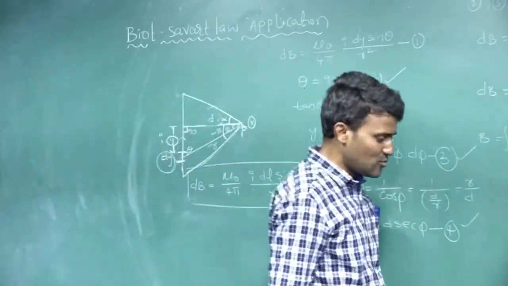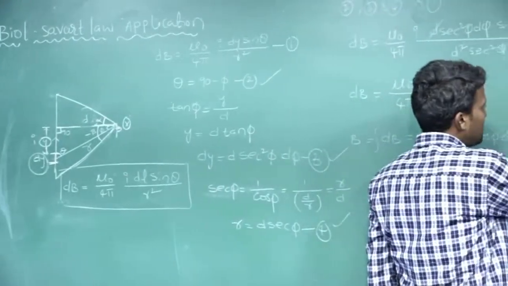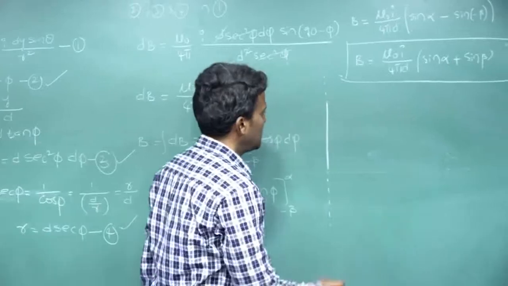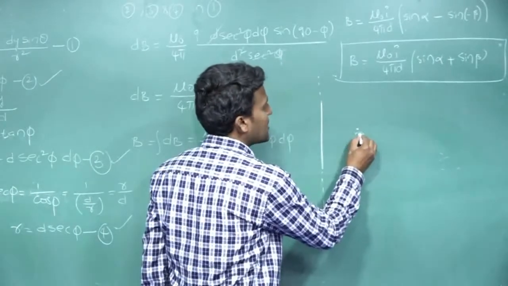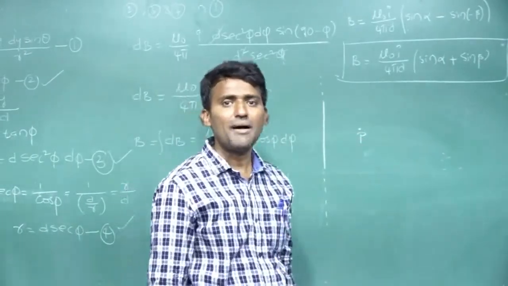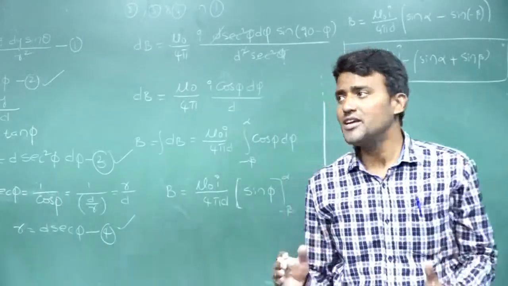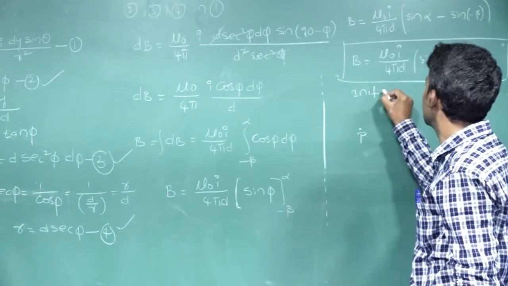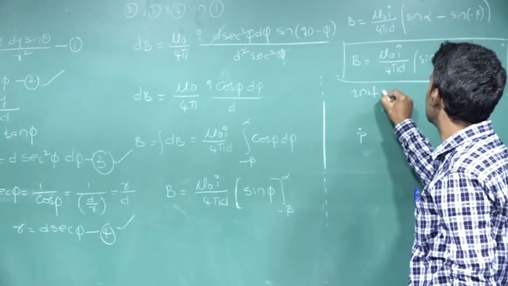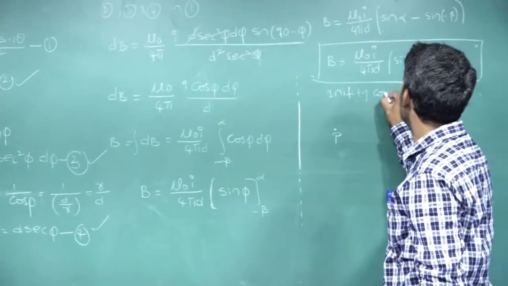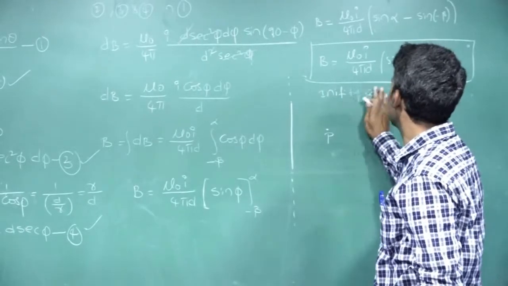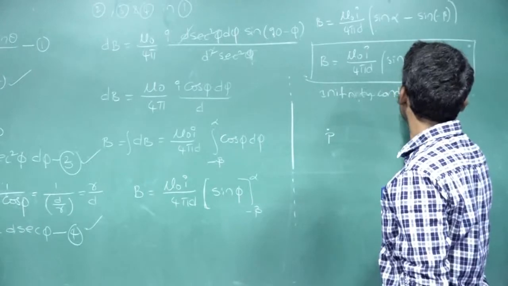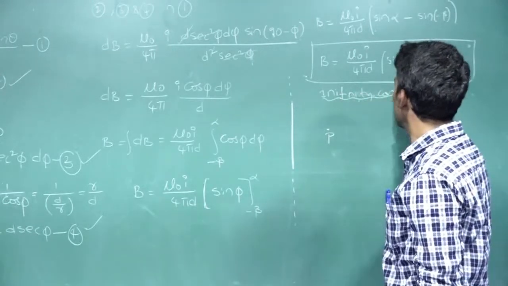For example, if the conductor is an infinite conductor, we calculate the magnetic field at a point P due to the infinite conductor.